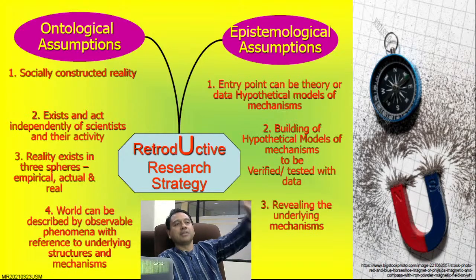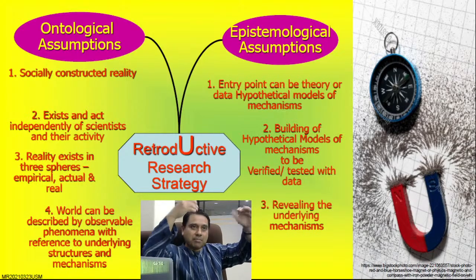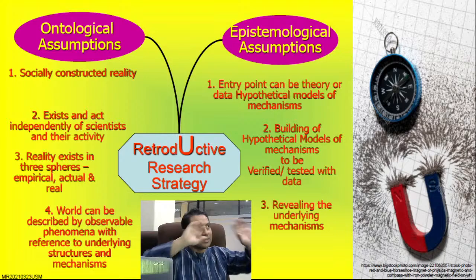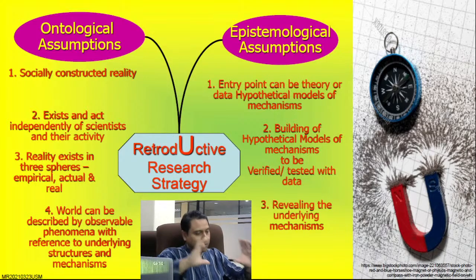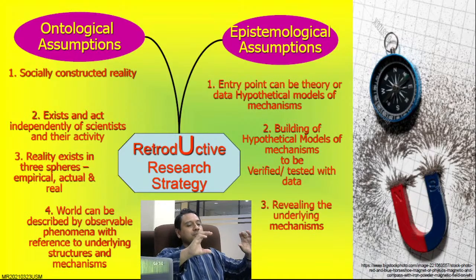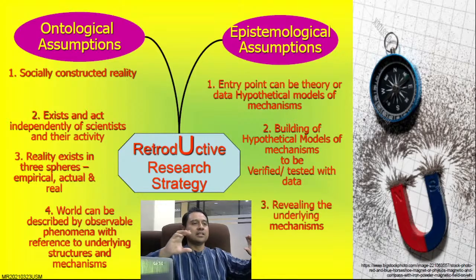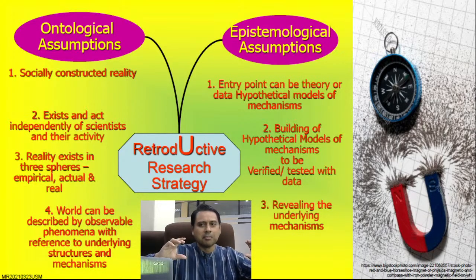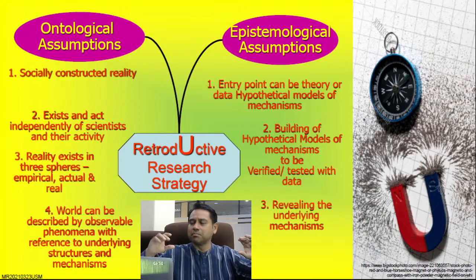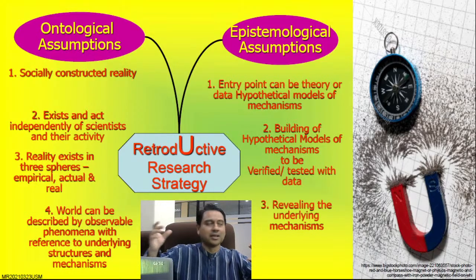First, the empirical level, which is a level that can be seen using human senses, can be observed. The other one is the level that's called actual, the actual sphere, which contains the domain, the reality of events. So certain events might be seen, certain events might not be seen or observable, right?